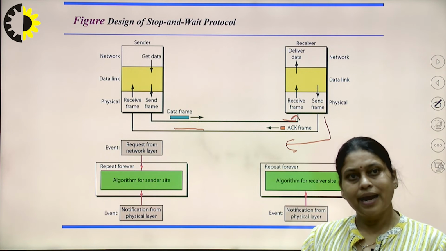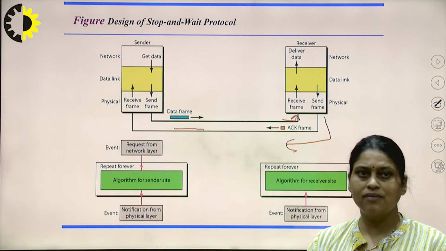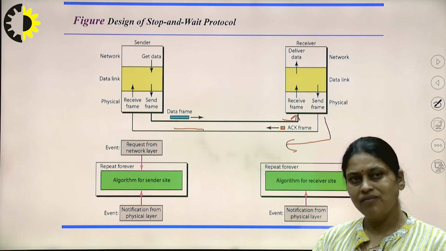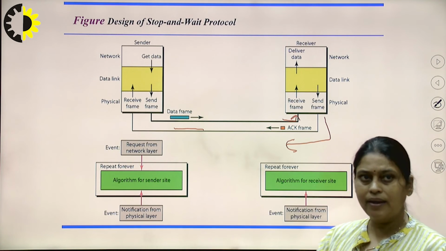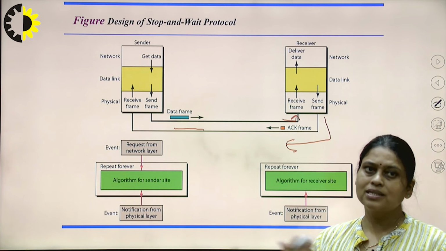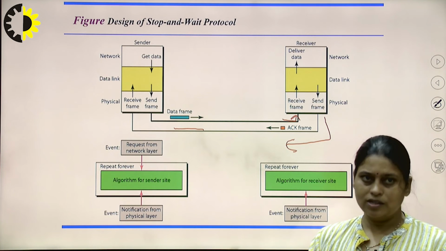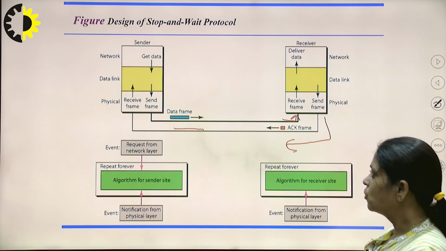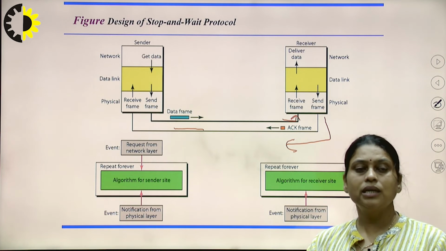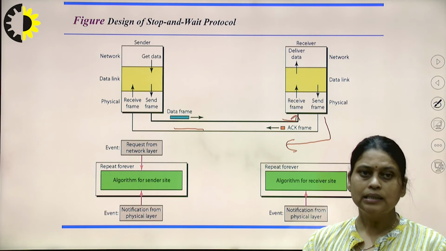Until it gets the acknowledgement from the receiver, it cannot send the next frame. So at a time only one frame is sent, and after sending that frame, the sender waits for the acknowledgement. This reduces the condition of overflow and error in the channel.